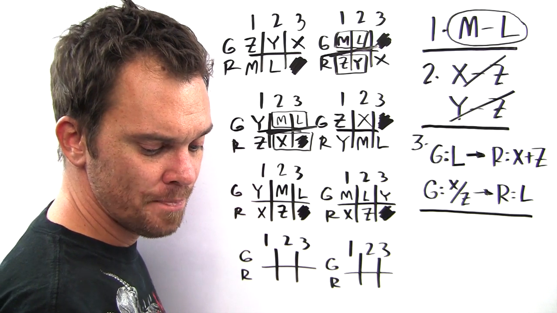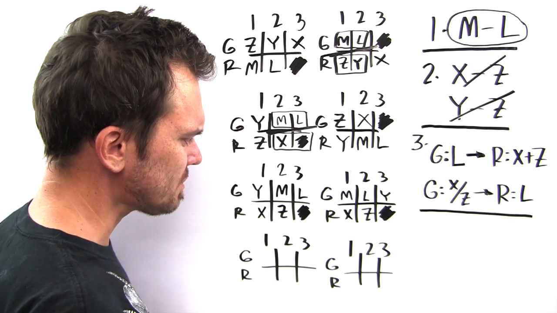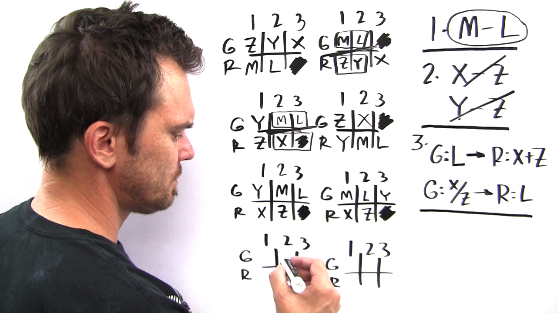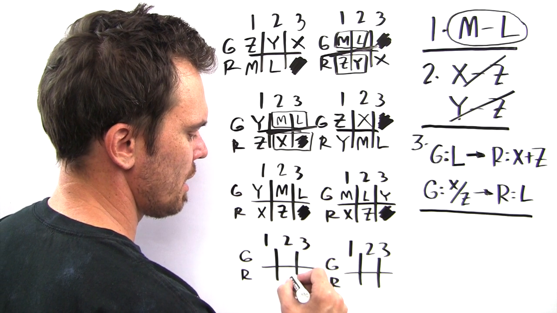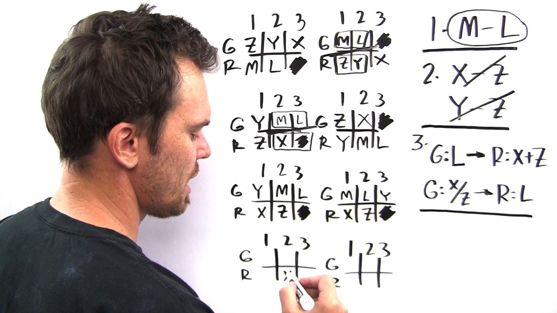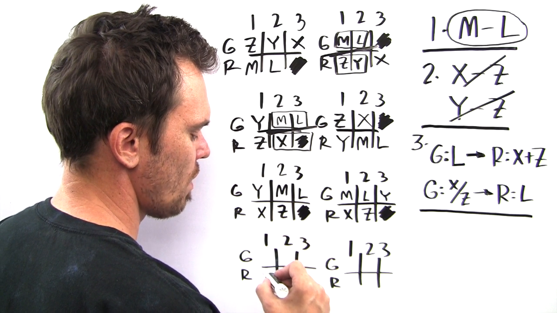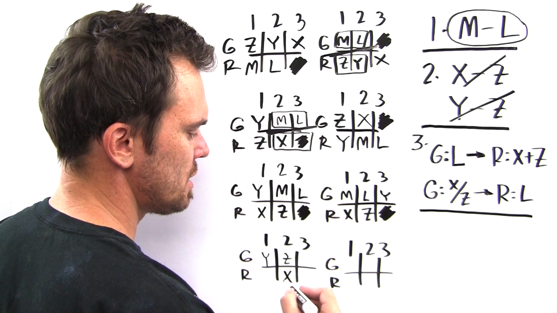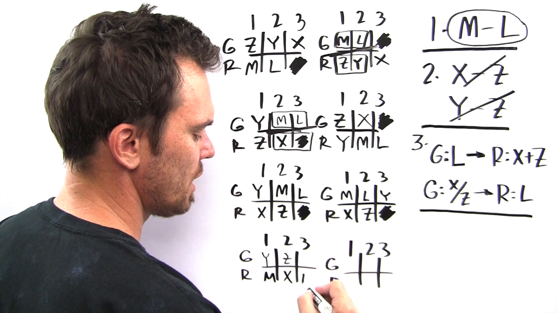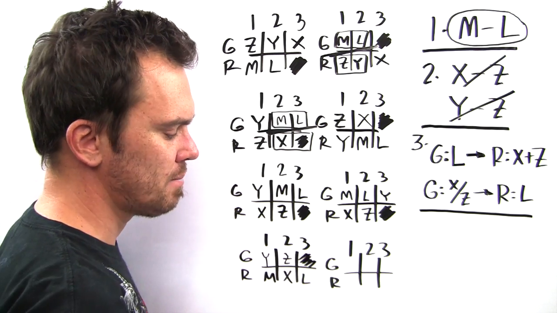Answer choice D, either X or Y or both is at 2 o'clock. All right, let's do that. Let's make X at 2 o'clock and we'll put Y here, Z here, M before L. M and L are together on the same team.